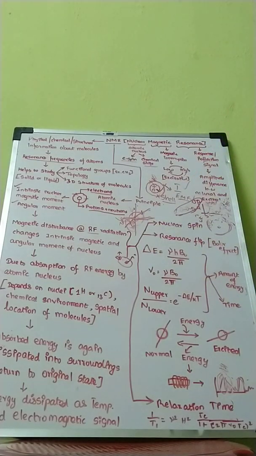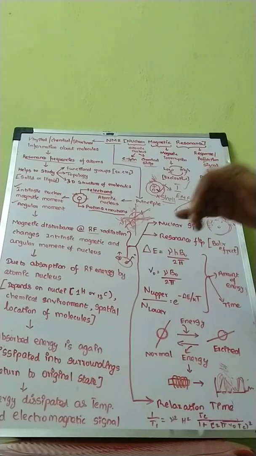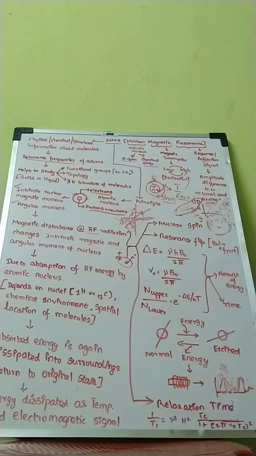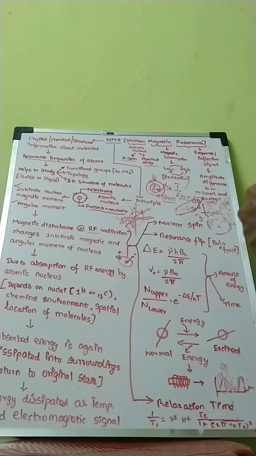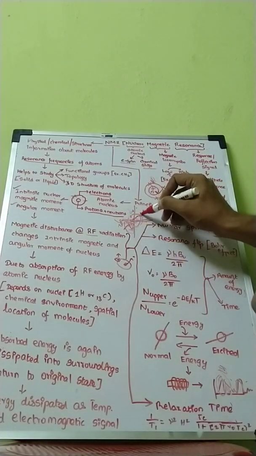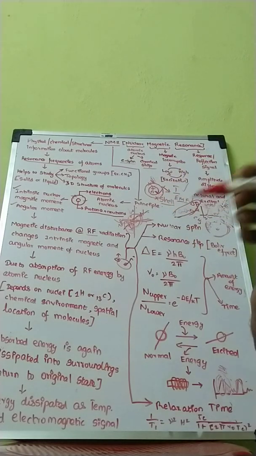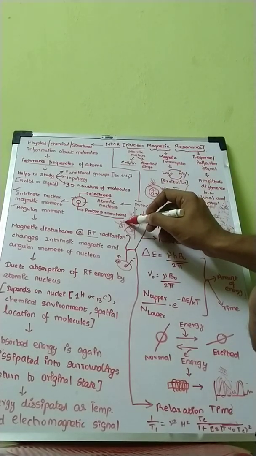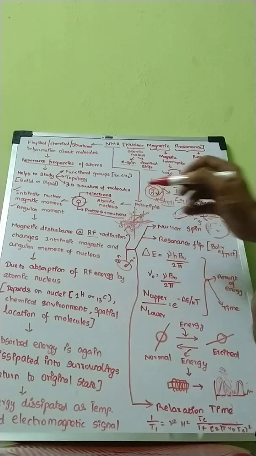But the second important aspect of this experimentation is resonance flip. What is resonance flip? I told you, if your normal atom is located at one particular angle, when you are exciting it, it is changing its angle and it is changing its momentum.